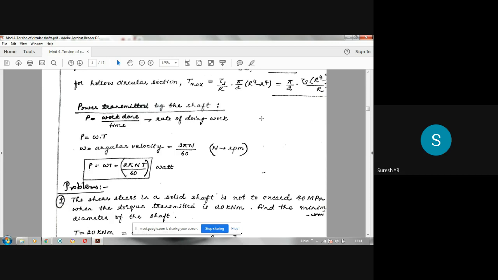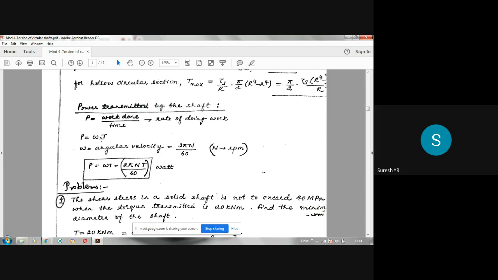So when you know n, you can find the angular velocity using 2 pi n by 60. Angular velocity is expressed in radians per second. Please make a note of that.